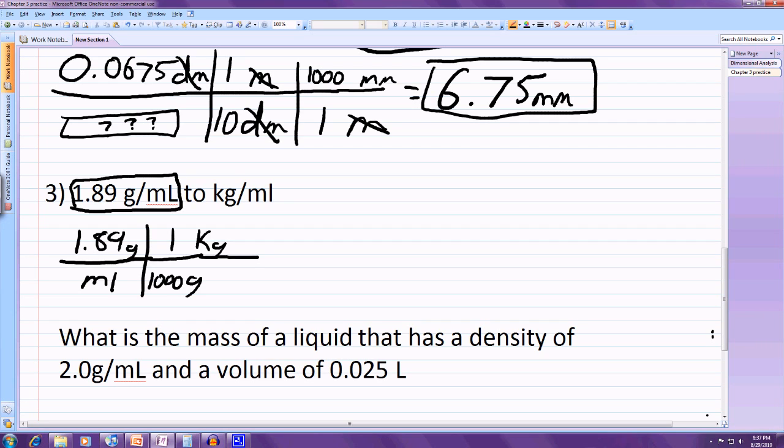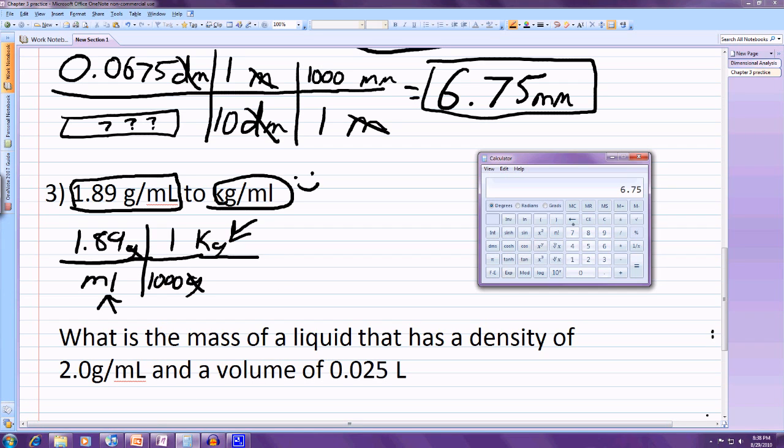Grams cancels. Now, if we look, what are our units left over? We've got kilograms on top, milliliters on bottom, which is what we want right here. Okay, so we multiply across. We have 1.89 divided by, because it's on bottom, 1,000, and that gives us 0.00189.